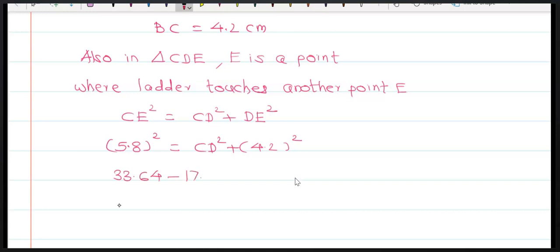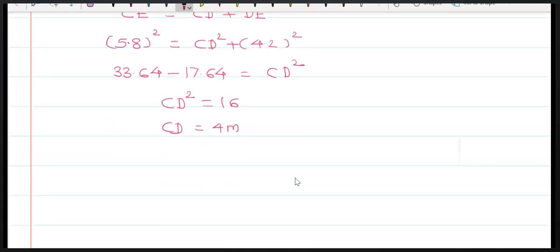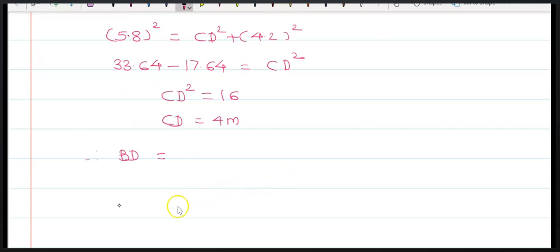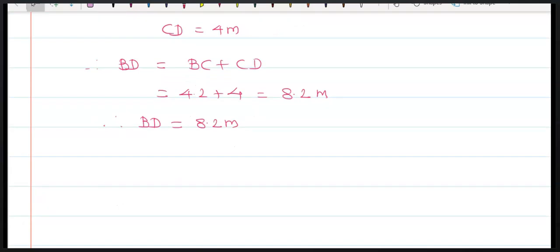Therefore, 33.64 minus 17.64, that is CD square. Therefore, CD square is equal to 16, CD is equal to 4 meter. Therefore, BD is equal to BC plus CD, that is 4.2 plus 4, that is 8.2 meter, and BD is equal to 8.2 meter. And hence, the width of the street is 8.2 meter.